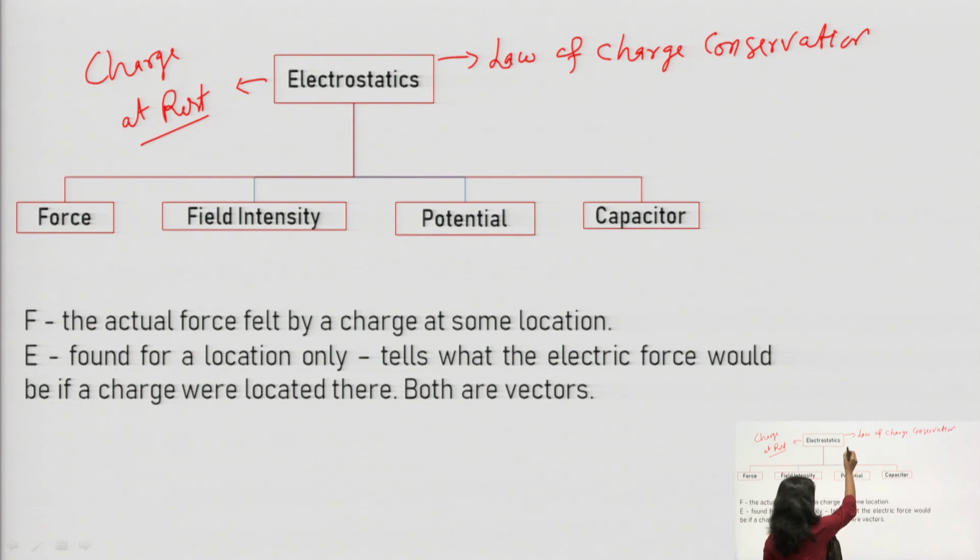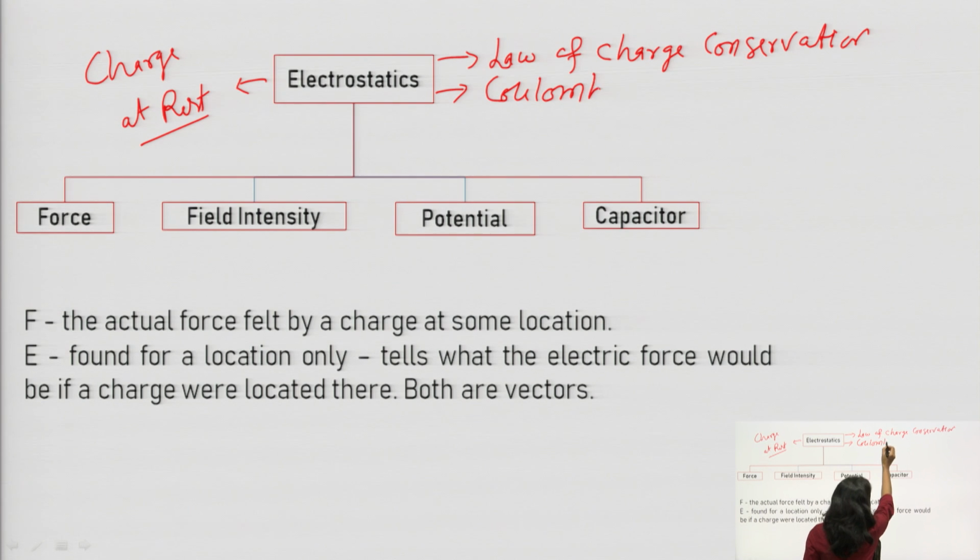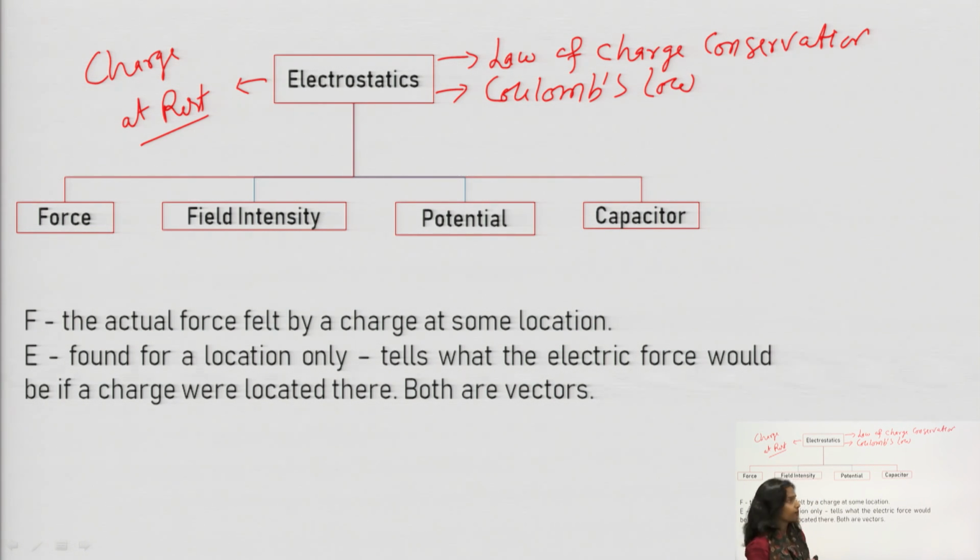The next law which we will study is Coulomb's law. Coulomb's law basically tells about the force between two charges. And the third basic law which we will cover is Gauss's law.